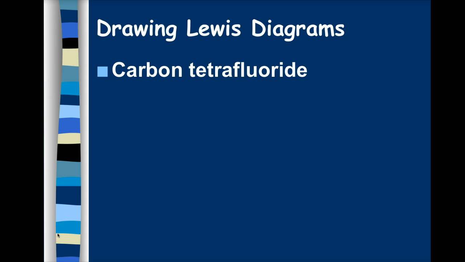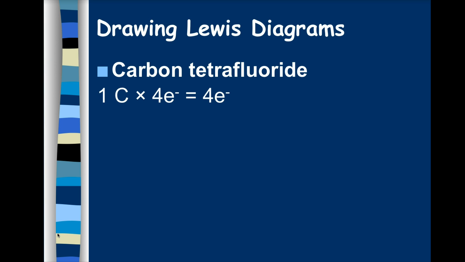We have carbon tetrafluoride. So this is where your knowledge of how to name compounds comes in. You need to know what the formula for that is first. So write that out, carbon tetrafluoride, and it's CF4. So we have one carbon, and carbon has 4 valence electrons with it.